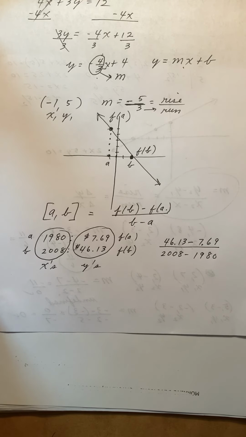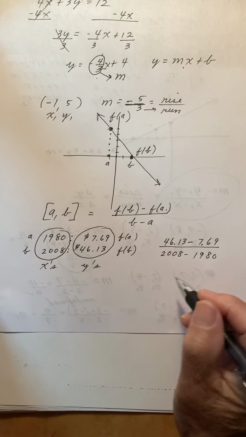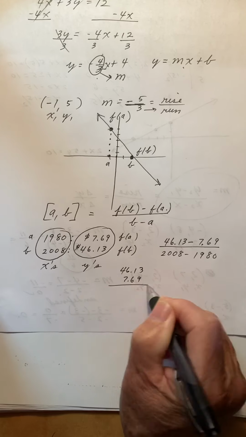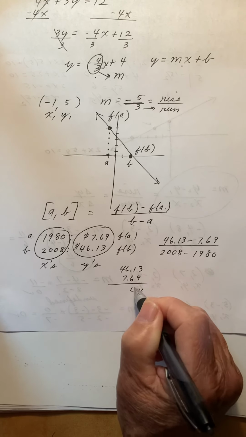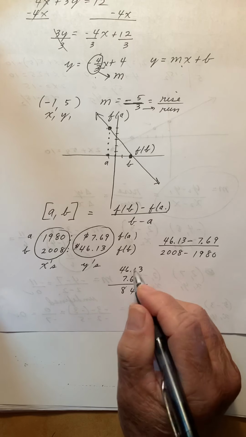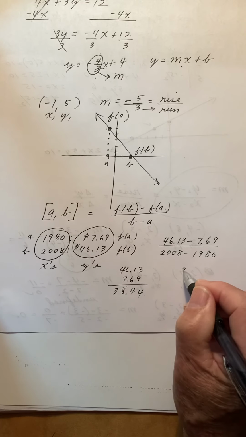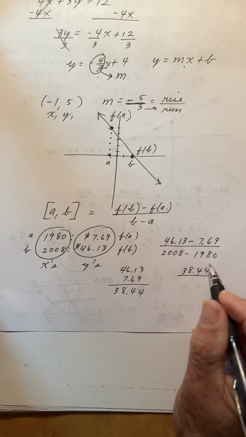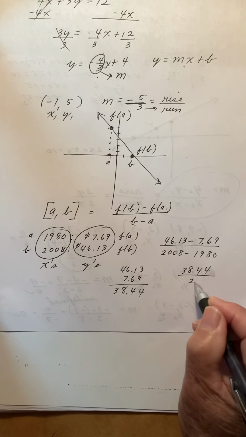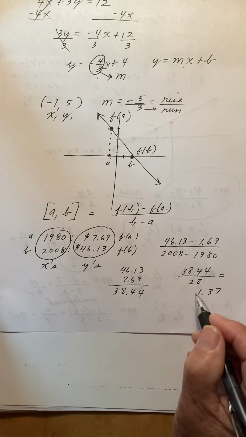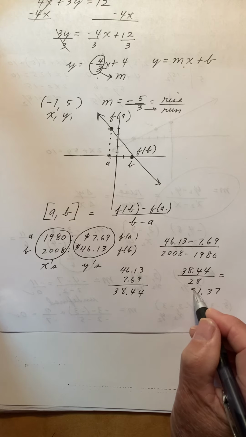All right, so we'll calculate that out. If we subtract 46.13 minus 7.69, we get 38.44, and on the bottom we get 28, and if we divide that out we get 1.37, rounded off to the nearest two decimals because we're dealing with money.